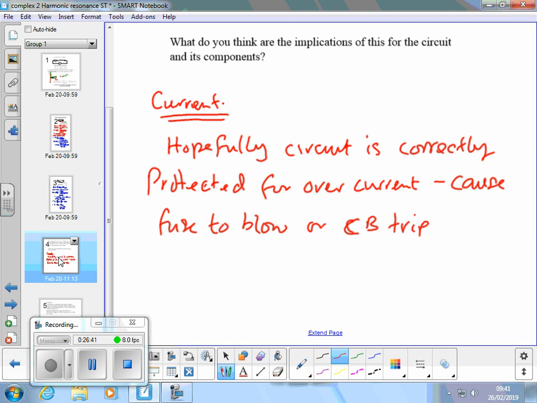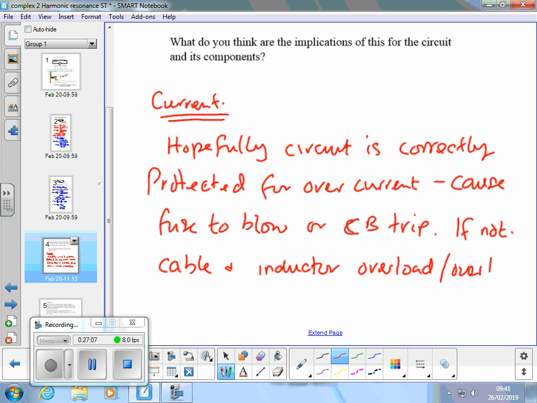If not, the cable and inductor overload, overheat and burn out.